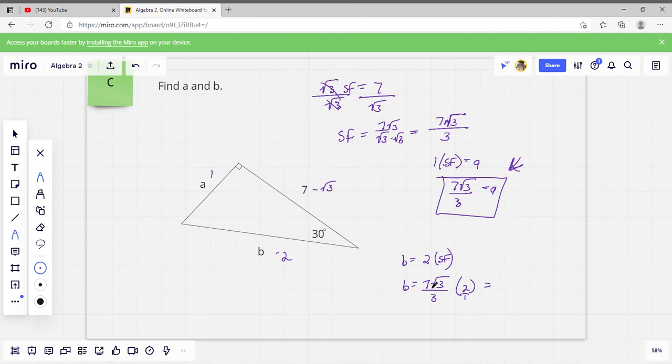So that would be 7 times 2 is 14 times the square root of 3 over 3. And so that is B. Those are also pretty easy. That is it for the practice problems on this lesson. Thanks for watching.